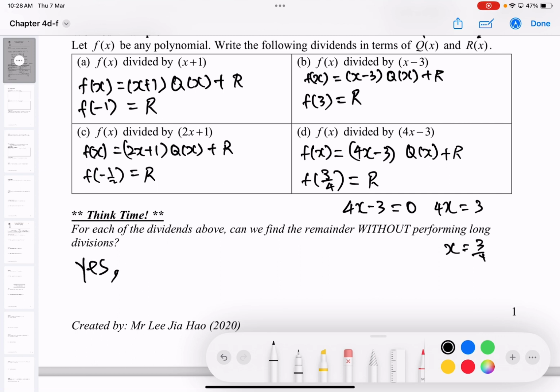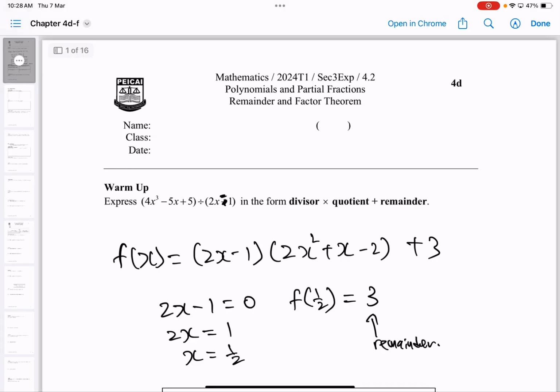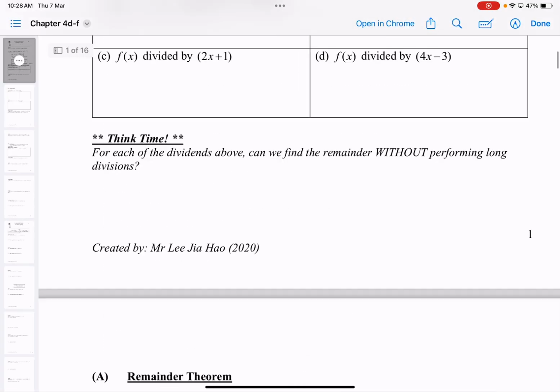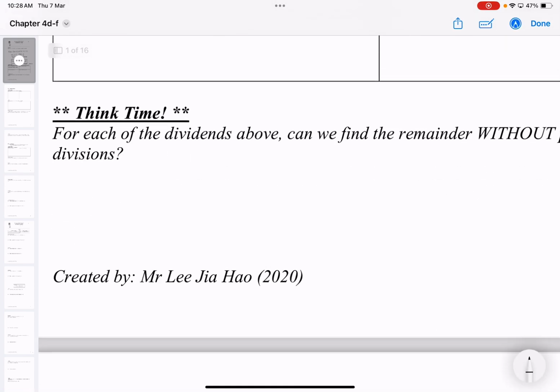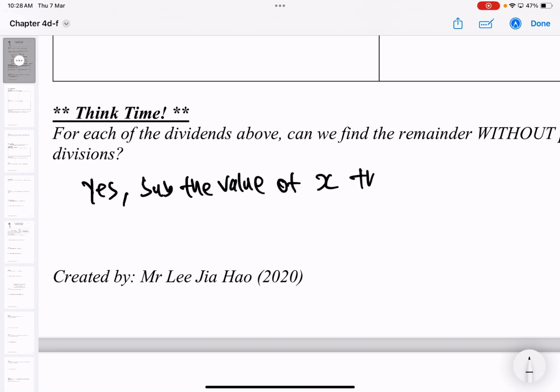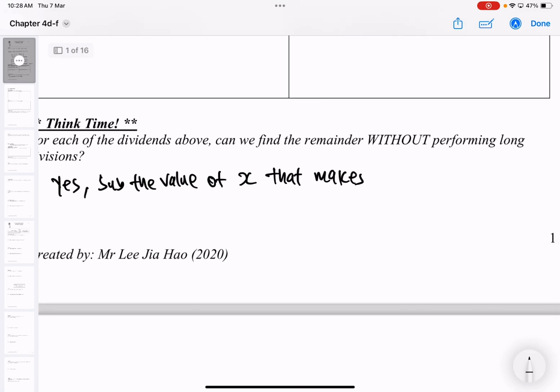Can you please substitute in the value of x? Okay, just write it down in case you forget. Okay, sub the value of x into f(x) that makes the divisor 0.